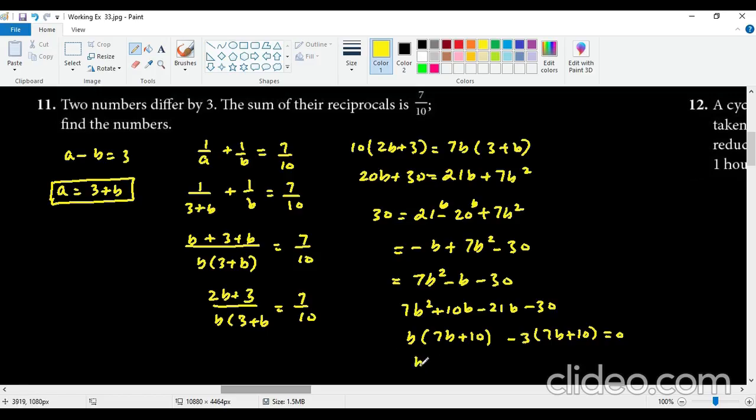So b minus 3 in one bracket and 7b plus 10 in another bracket equals 0.